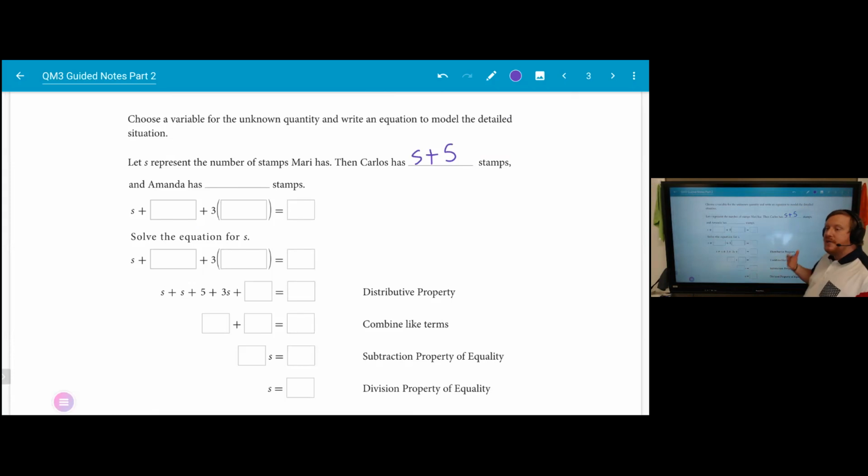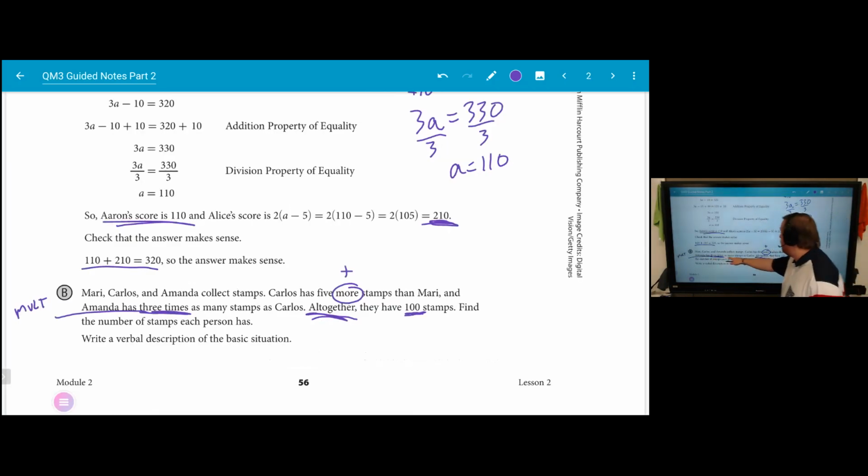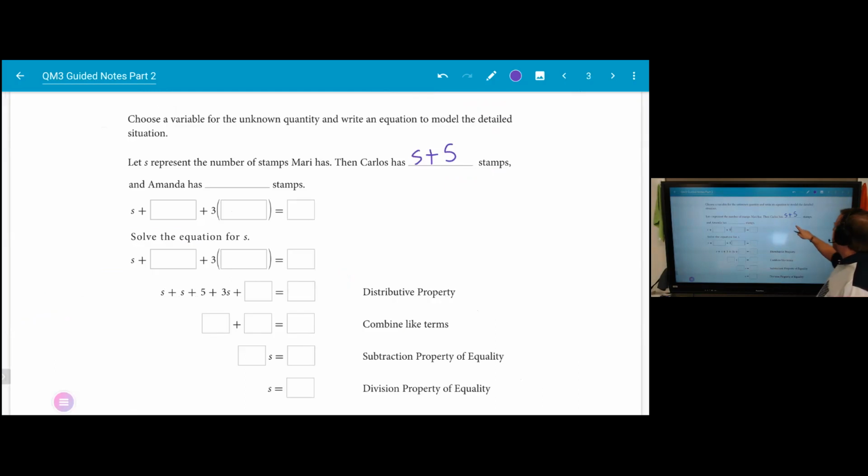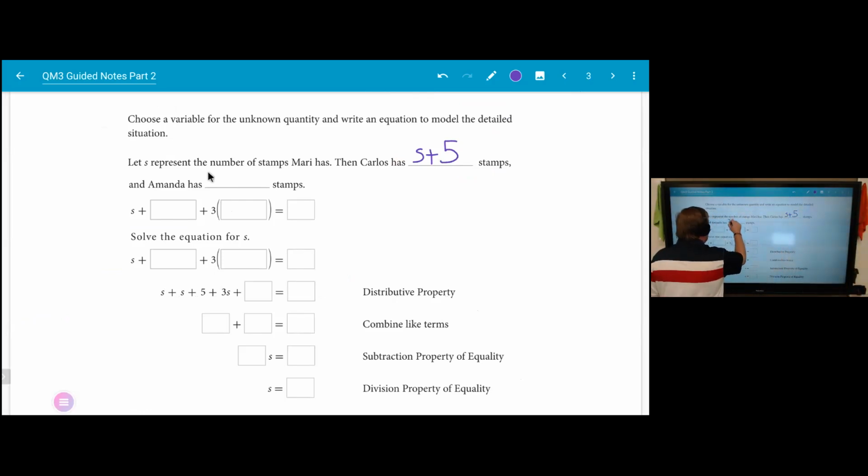Amanda has 3 times as many stamps as Mari. I'm sorry, 3 times as many as Carlos. My bad. Well, Carlos has this many. He has S plus 5. So Amanda has 3 times that. 3 times (S plus 5).